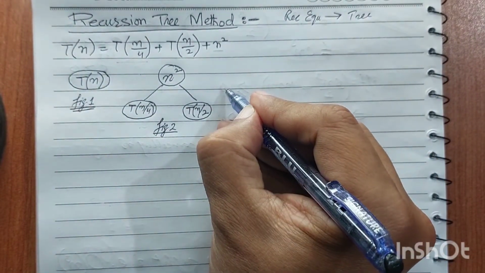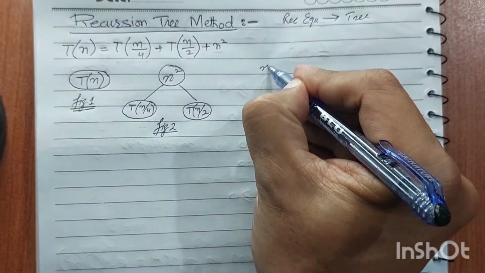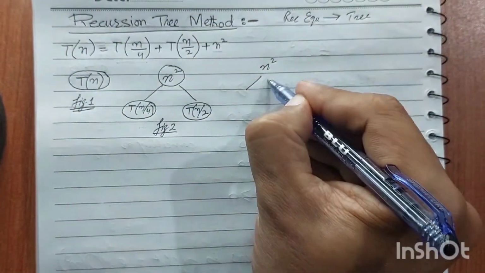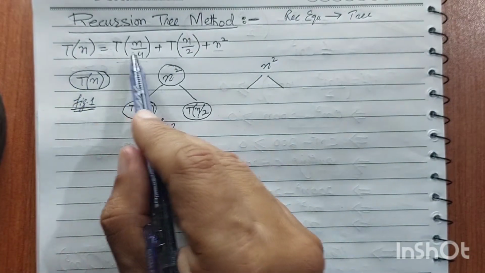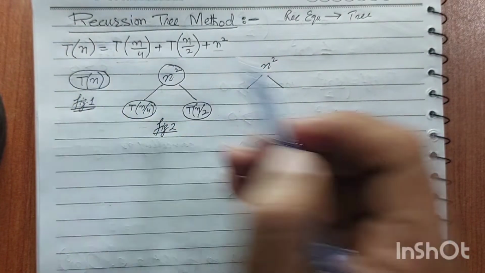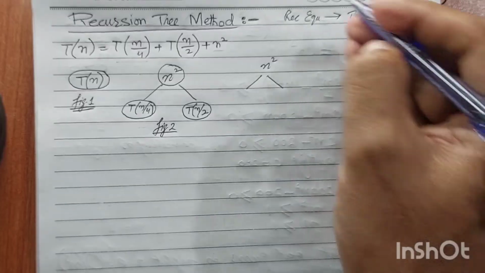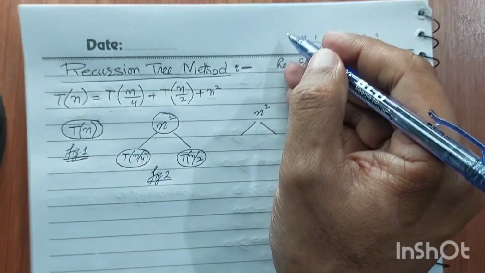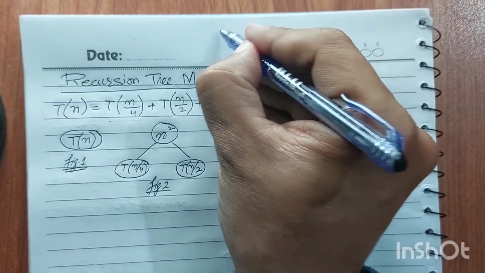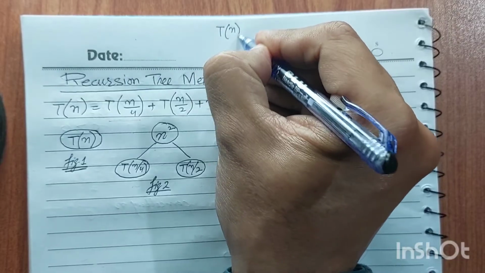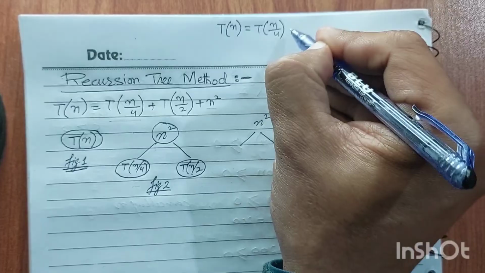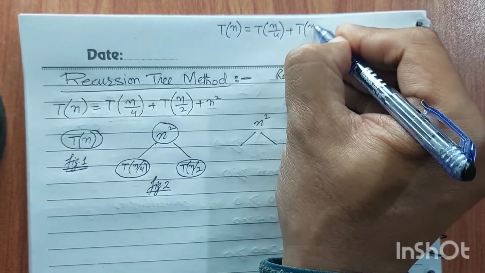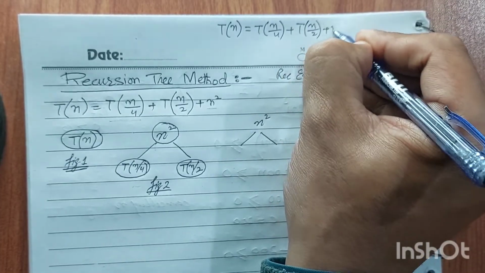In the next step, we have n square at the root, then we have t of n by 4, putting n by 4 in place of n. This is the thing that you have been doing again and again. So t of n is equal to t of n by 4 plus t of n by 2 plus n square.